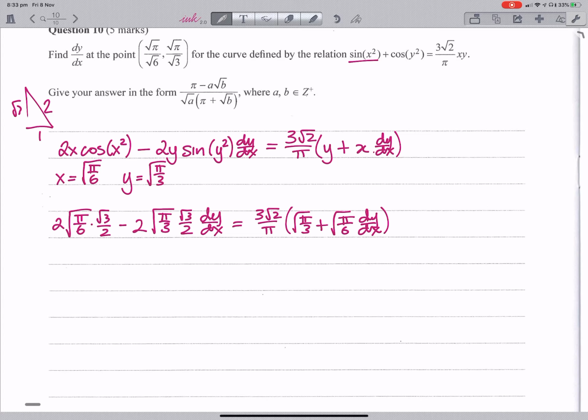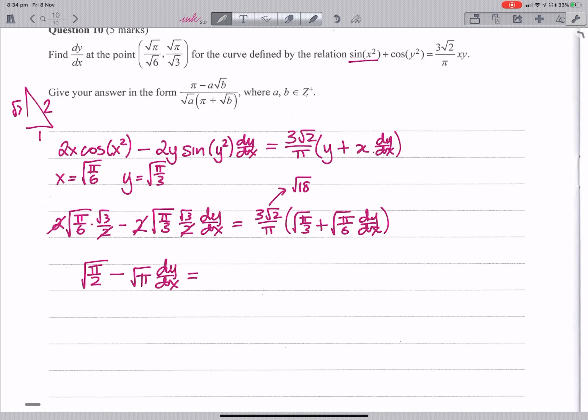So we'll simplify as much as we can and then see what happens. So that 2 cancels with that. We've got a 3 inside a root and a 6 inside a root, so we're going to get root pi on 2. That's going to cancel with that. My root 3 and my root 3 are going to cancel, so I just get root pi dy dx. That is equal to, when we multiply this in, so I'm going to rewrite this to be root 18.